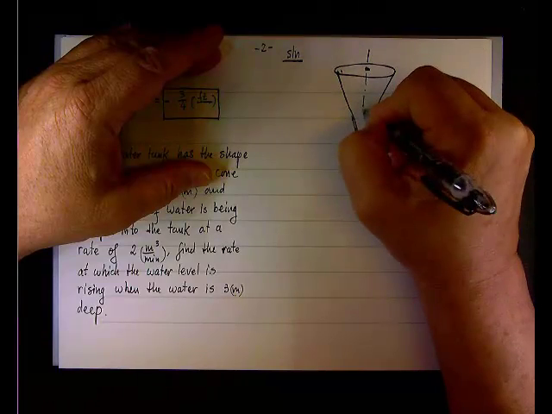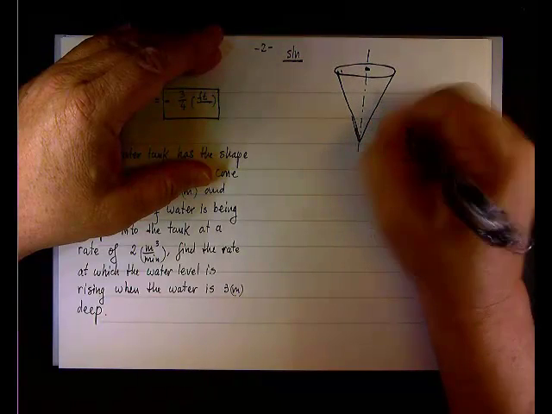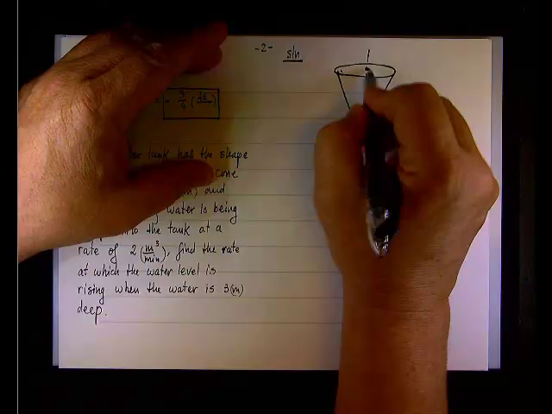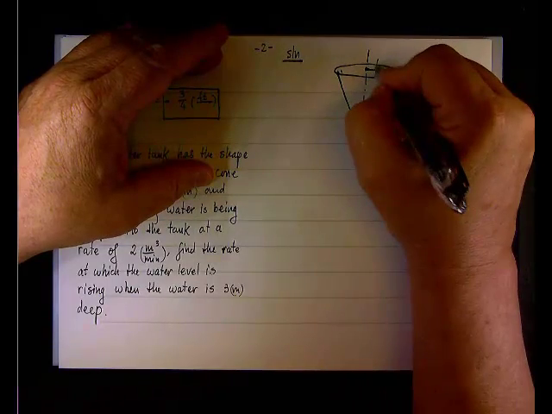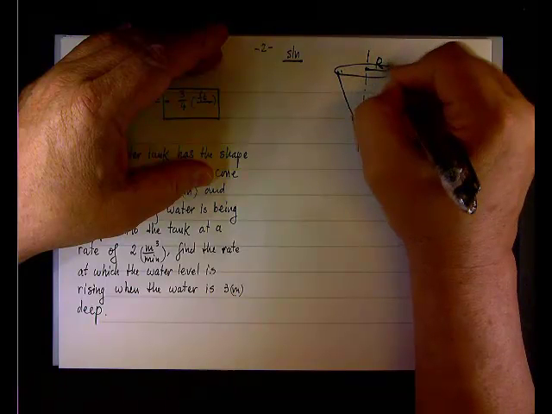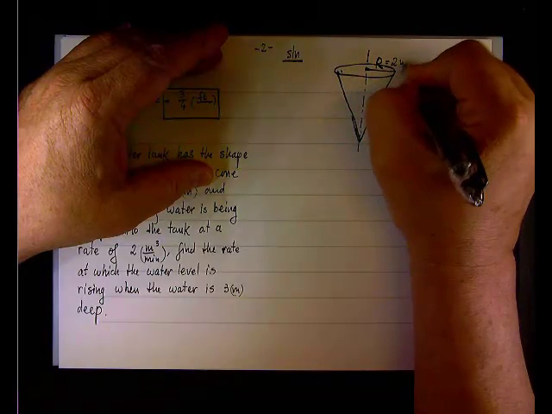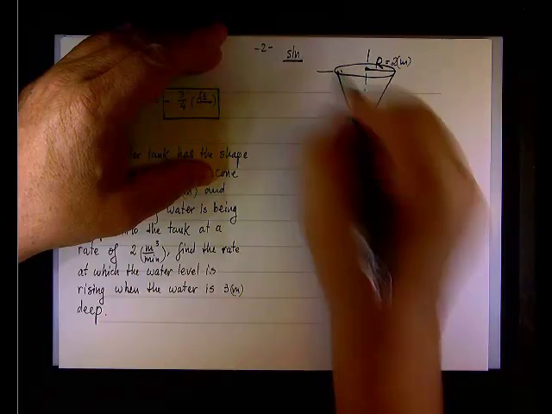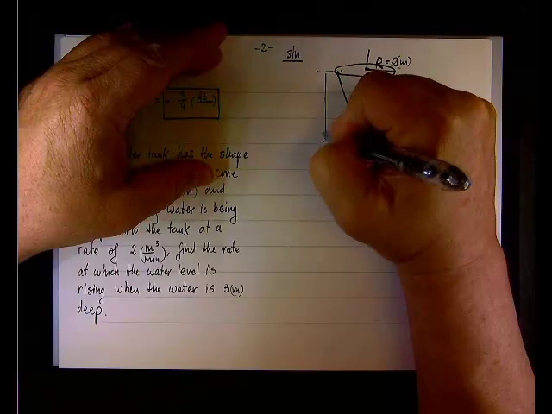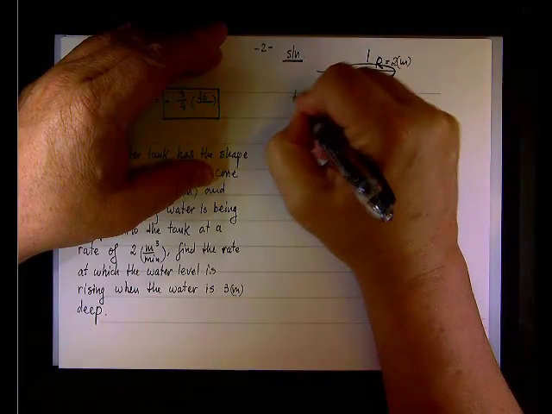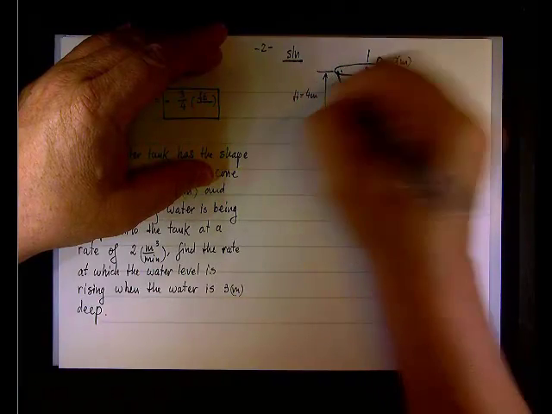This is the axis of the cone. So this much, let's call it R, and we know it equals 2 meter. And this much is the height, and it equals 4 meter.